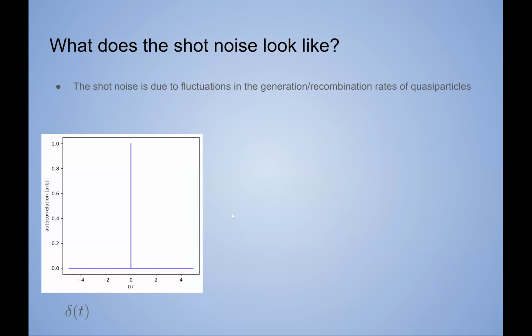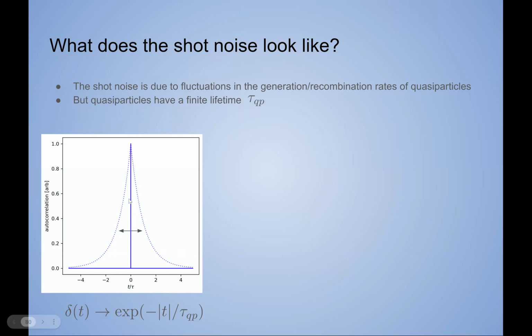There's one more correction I actually have to mention, just due to the fact that quasiparticles don't live forever. If you calculate the autocorrelation function between these things, what that's going to do is broaden the delta function we derived earlier, from assuming the shot noise process is made up of delta functions, into something more like a two-sided exponential.